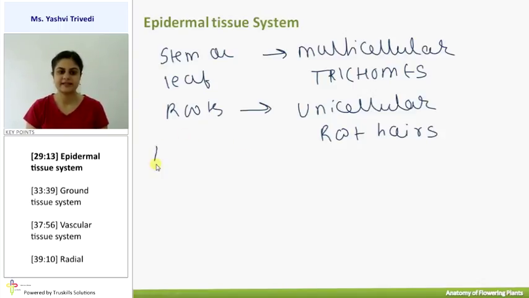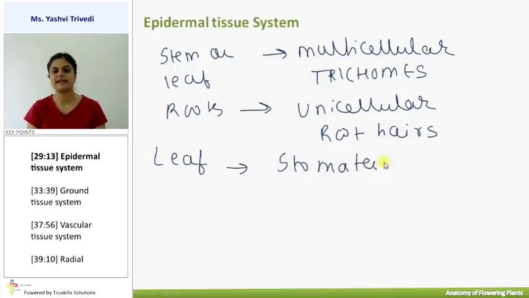In specific case like leaf, in the epidermis portion they have a special type of pore which is called stomata, which will be taking up the gases in the day and night. Stomata are covered by two bean shaped cells which are called guard cells.